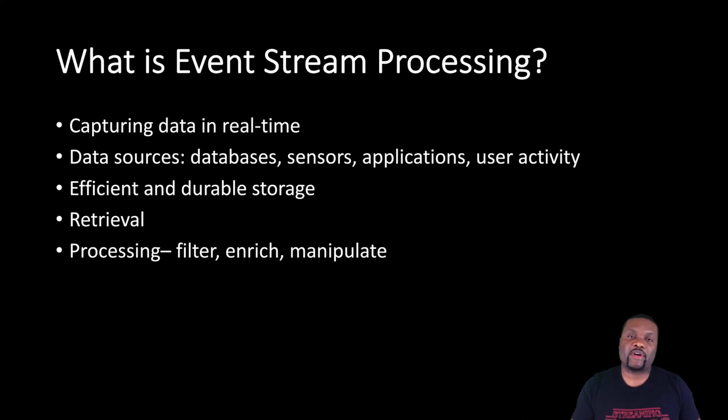This typically involves filtering, which means you may use a particular criteria and then drop some of the events. You may also enrich, meaning that you may add additional fields. So let's say we were just receiving a particular customer ID or user ID.